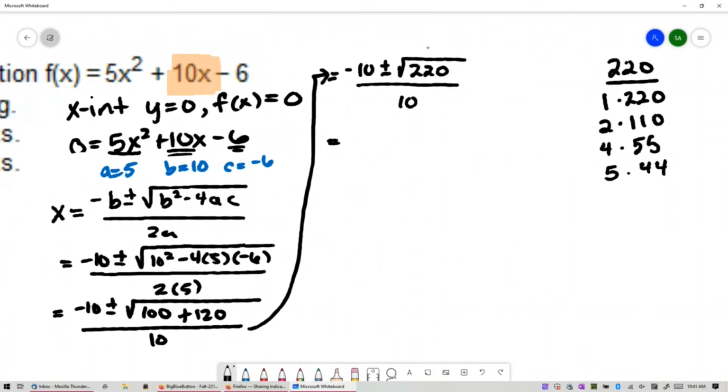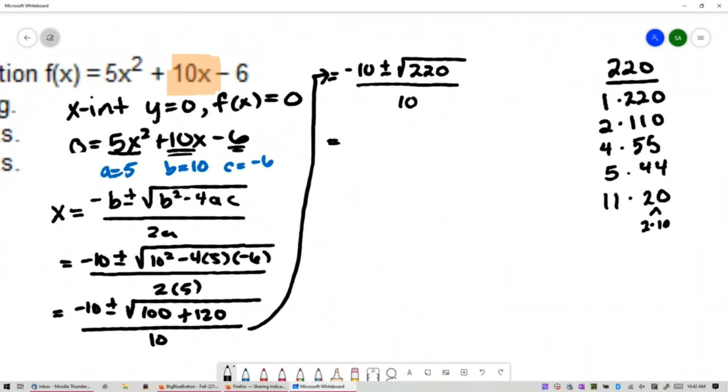6 is not going to work. 7's not going to work. 8's not going to work. How about 11? 11 times 20. And I'm trying to think if there are any more. 20 is 2 times 10.